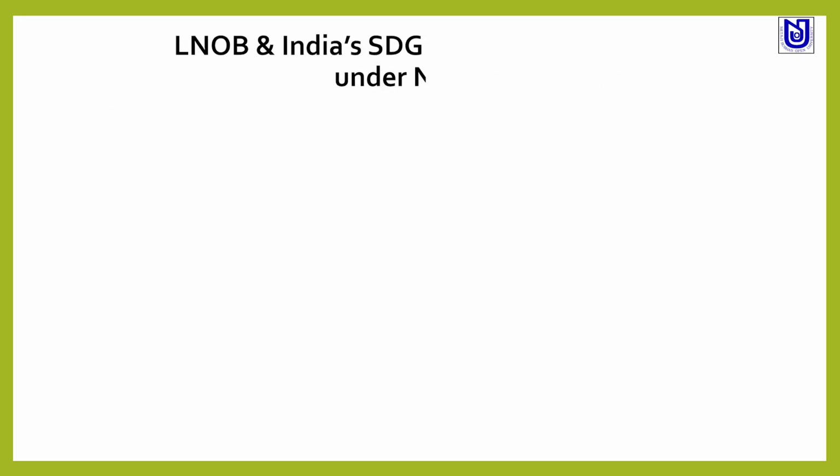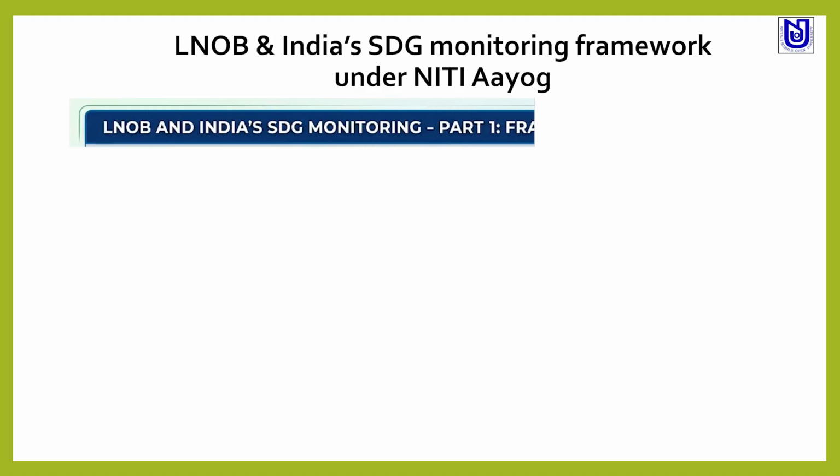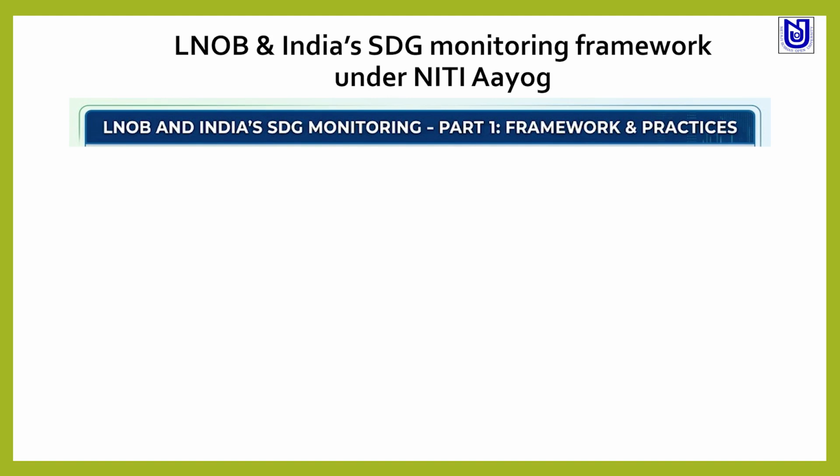Now come to India's Sustainable Development Goals monitoring framework that runs under the Niti Aayog, compatible with the global LNOB framework. Here, the Niti Aayog suggests 5 steps to follow.